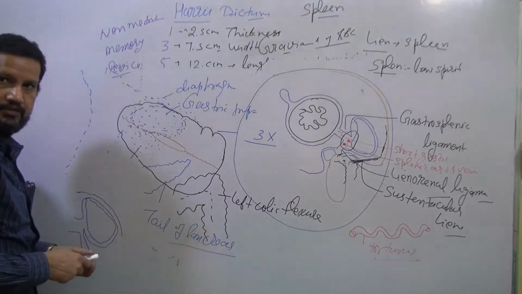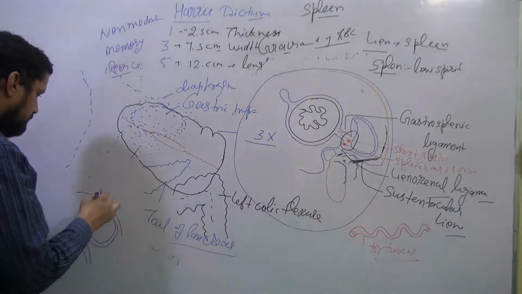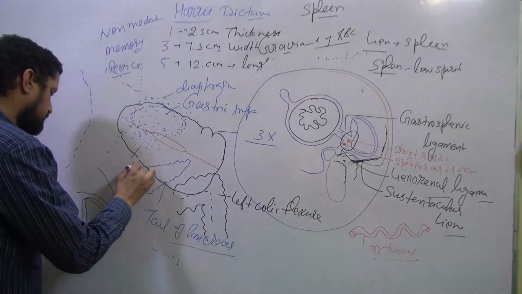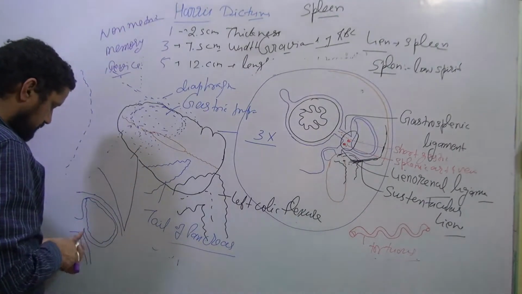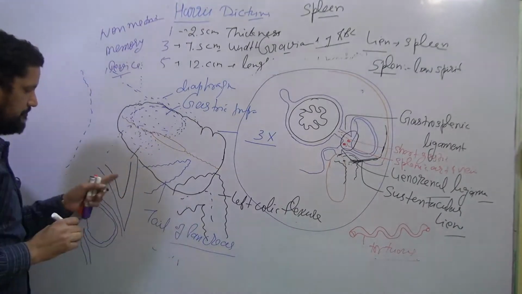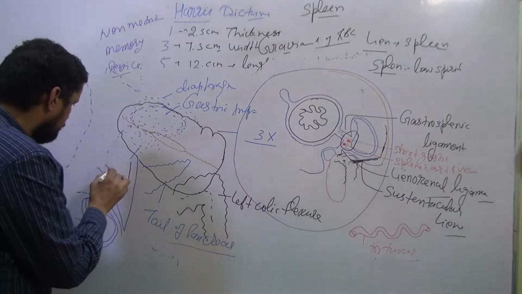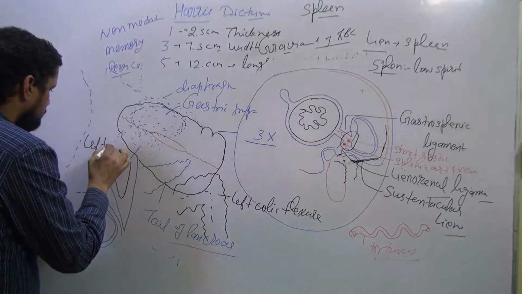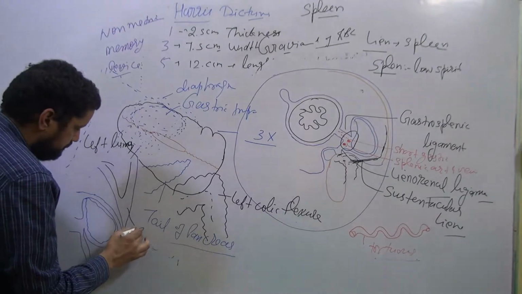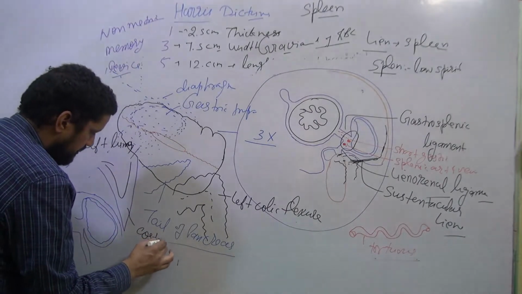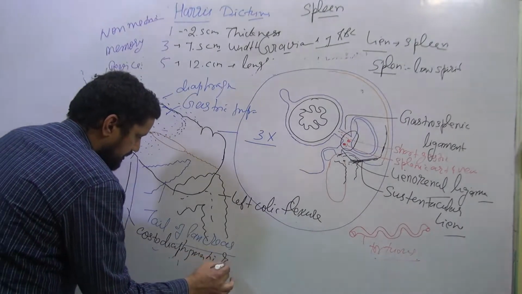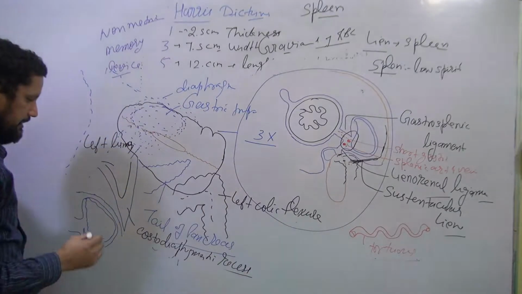The diaphragm is here. The left lung, the costodiaphragmatic recess of the left pleural cavity.